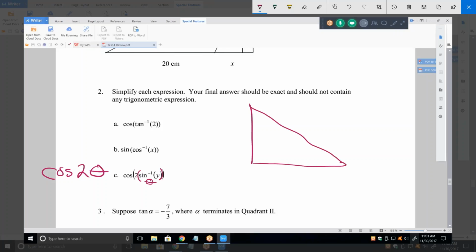Not solve for theta necessarily. You have to label theta because I got 2 choices for theta. I got this angle up here, and I got this angle down here. So if I don't label theta, I can't even begin the discussion after that. In other words, I've got to label which one is theta so that I can dimension this triangle. That's the key.